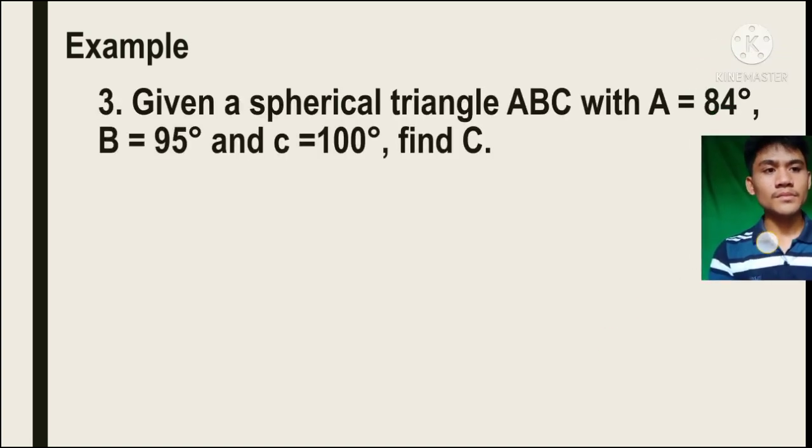Next would be an example for us to apply these given laws. Example: we are given an oblique spherical triangle ABC with angle A equal to 84 degrees, angle B equal to 95 degrees, and side C equal to 100 degrees, and we are to find angle C. As you observe, it is case number 3 or 4 for having these two given angles and the included side.